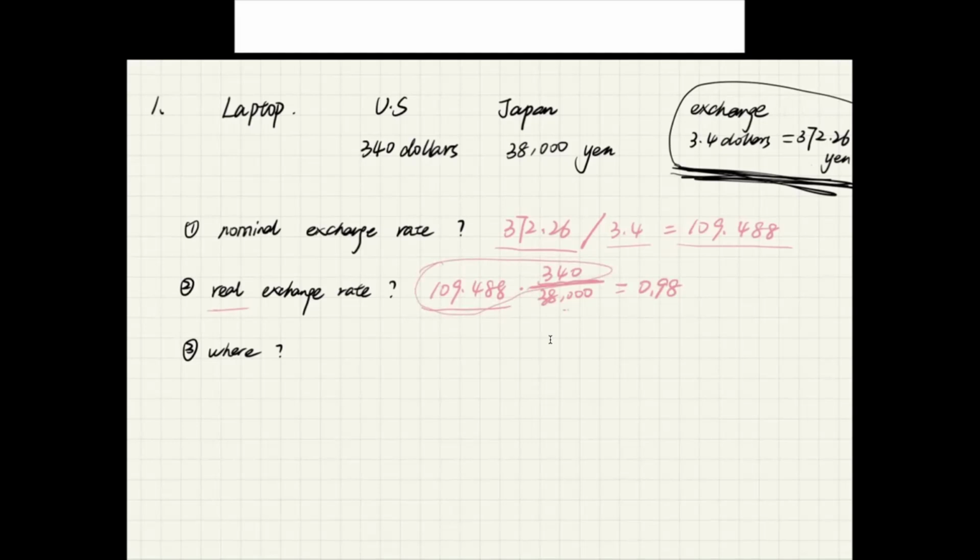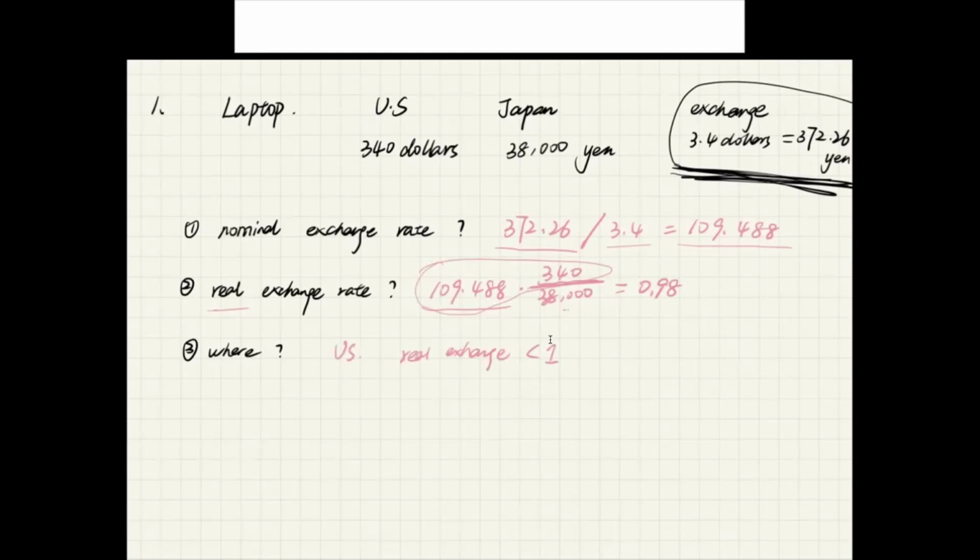It means that it would be cheaper if you buy this laptop in the US because the real exchange rate is less than 1. So if you are confused about this kind of question, you can use one currency.